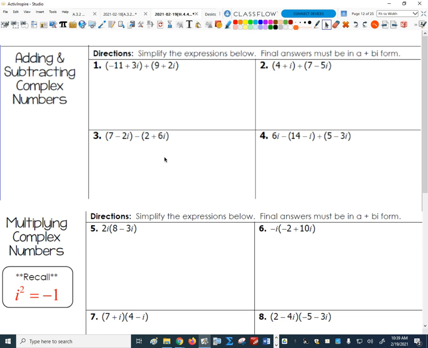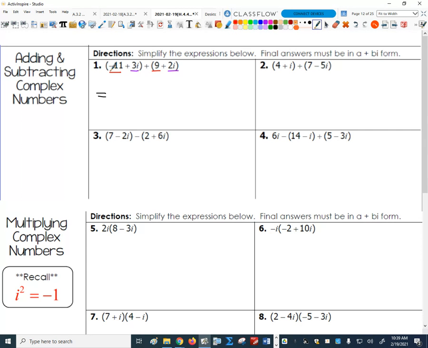That's all it takes. How about this one right here? Okay, well, what am I doing? If I look at like terms here, I've got two numbers that are real, pure real, and I've got two numbers that are pure imaginary. I'm just going to add up the like terms, add up the real numbers and add up the pure imaginary numbers.